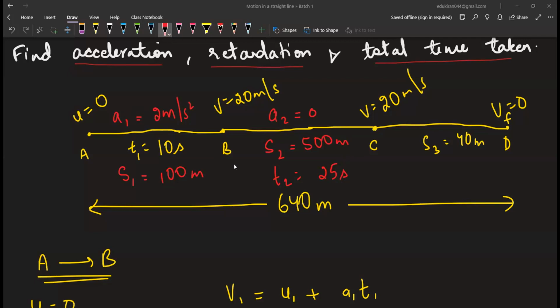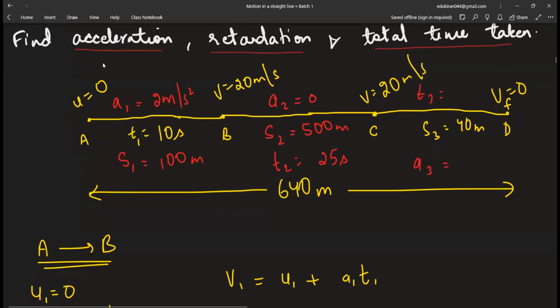All right. So in the last part, what is left? We have to find out the acceleration A3, and we have to find out this T3, because distance we already have. Now, see, in the final part, time is missing and just acceleration is missing.